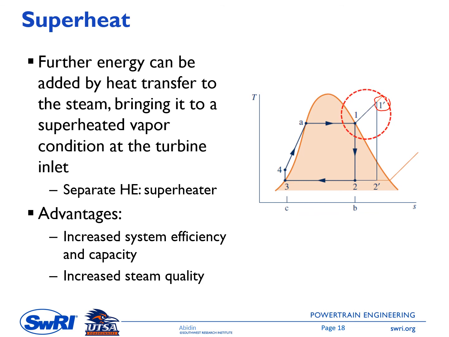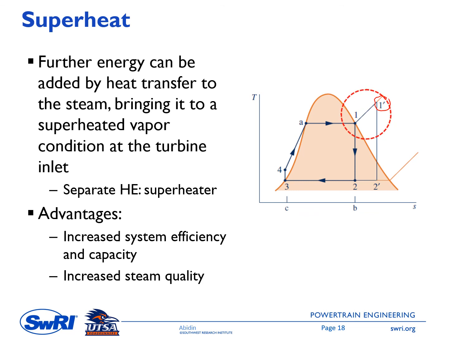So in addition to a boiler, we have an additional heat exchanger that adds more energy to the saturated vapor and brings it from point 1 to point 1 prime. The combination of this boiler and superheater heat exchanger is usually called a steam generator.